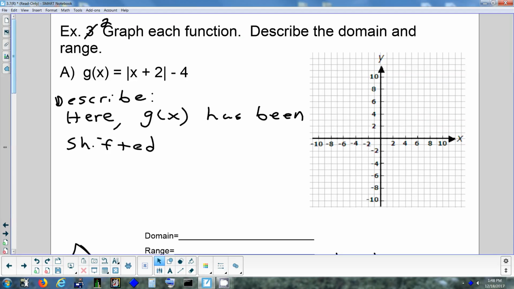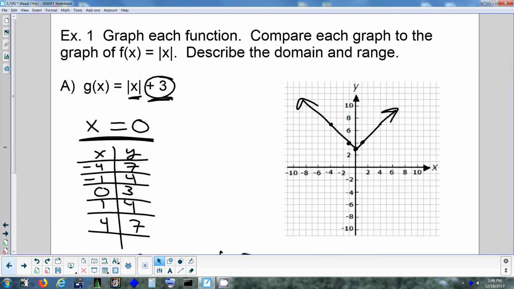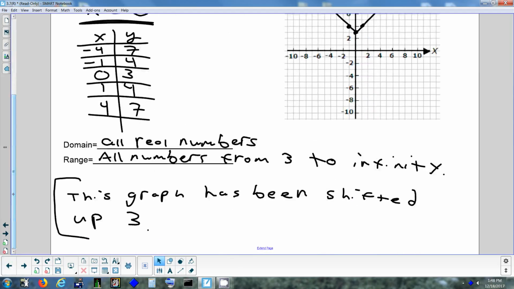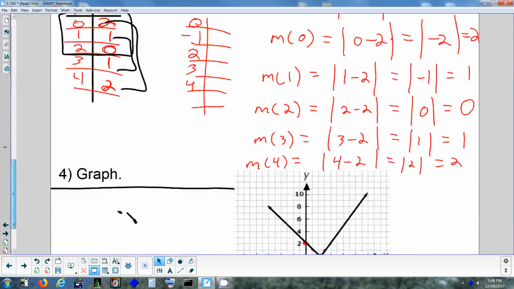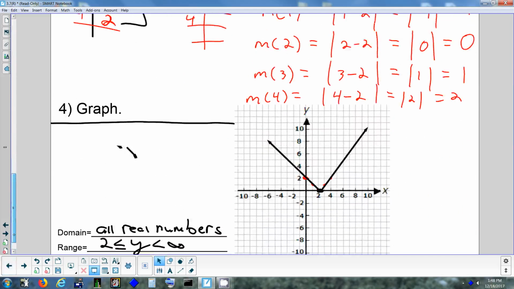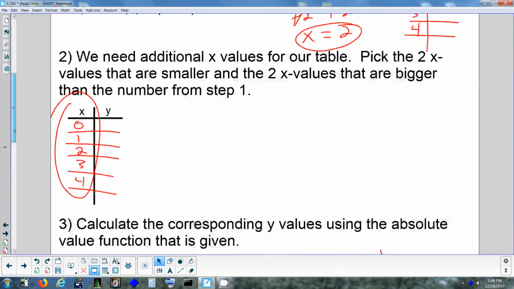So guys, outside is going to control up or down. If you have a number on the outside, that's going to control whether it shifts up or down.